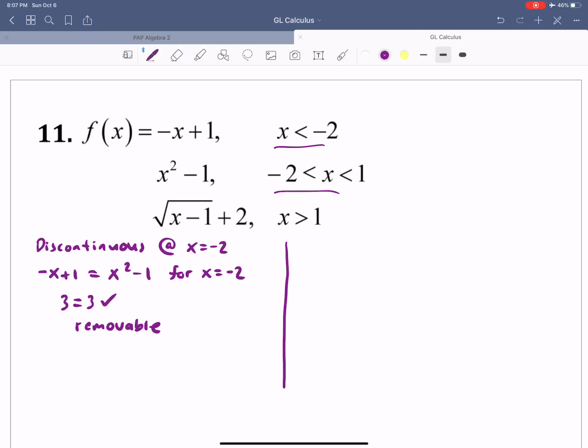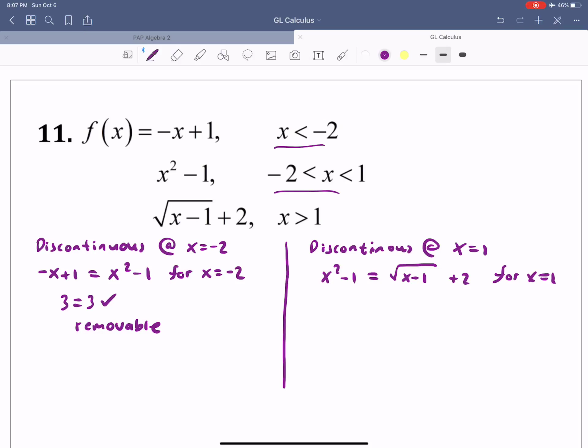On the other side, we also know that it's discontinuous at x equals 1, because, again, this function is not defined where x equals 1. So here's what we have. We have x squared minus 1 equals the square root of x minus 1 plus 2 for x equals 1.